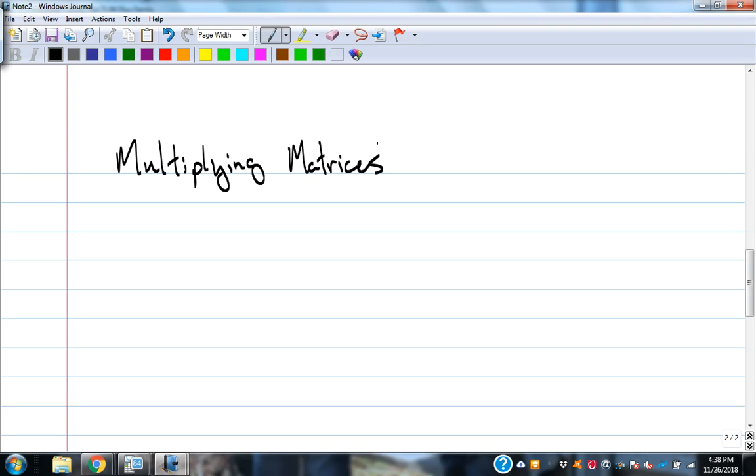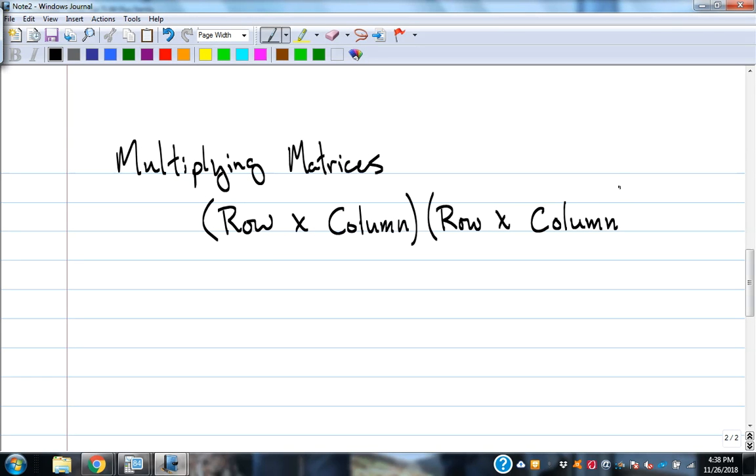Multiplying matrices is a lot more complicated than the other things that we've done with matrices so far. So complicated that I do not recommend you doing it by hand, because there are so many operations involved that there's a lot of opportunity to make mistakes.